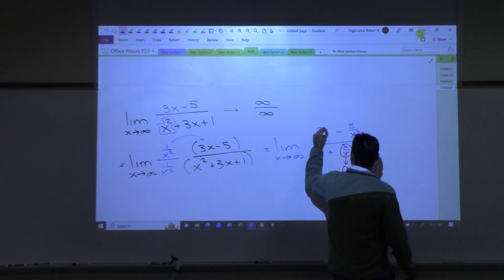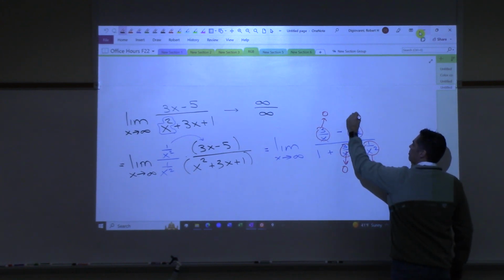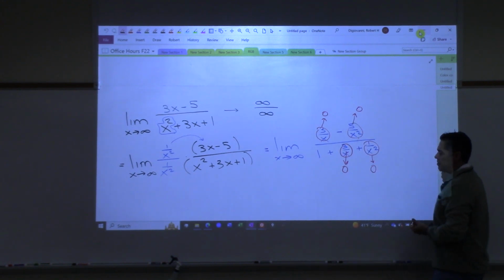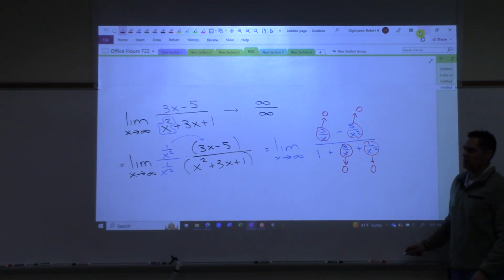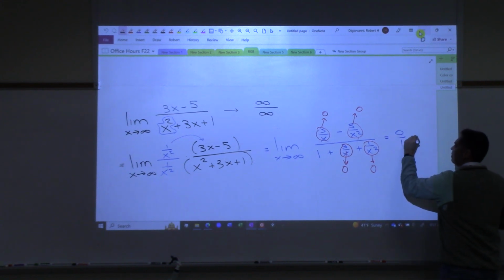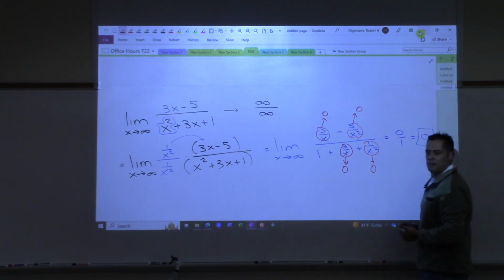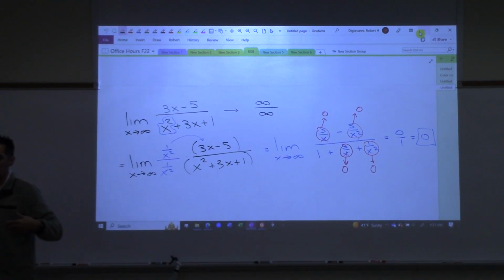Hey, what about the numerator? That goes to 0, doesn't it? That goes to 0. So initially you'd be like, oh no, this is not going to work, right? We're going to get like 0 over 0 now. No, that's not what you get. What do you get? 0 over 1. And 0 over 1 is 0. That's not a problem, is it? It's okay to have 0 on top and a fixed non-zero number on the bottom. So your answer is 0.